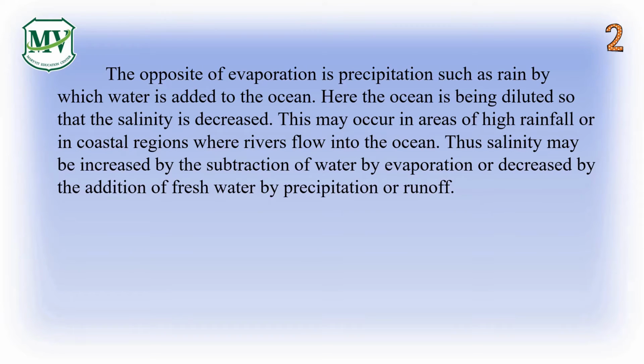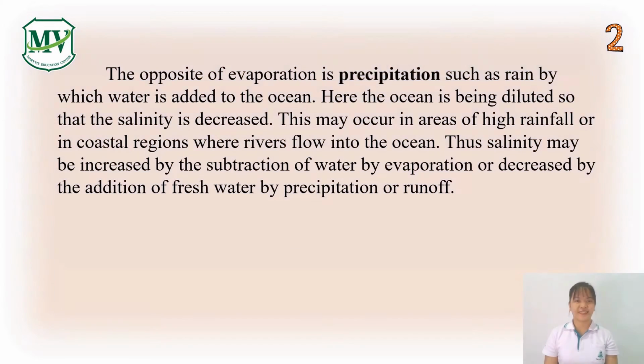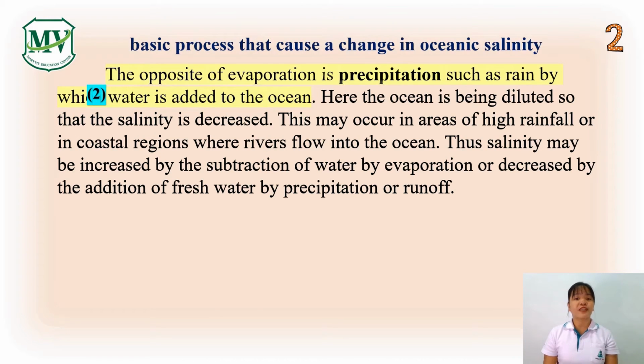In this paragraph, the opposite of evaporation is precipitation, such as rain, by which water is added to the ocean. In other words, this is the second basic process that causes a change in oceanic salinity. What is the number one again?